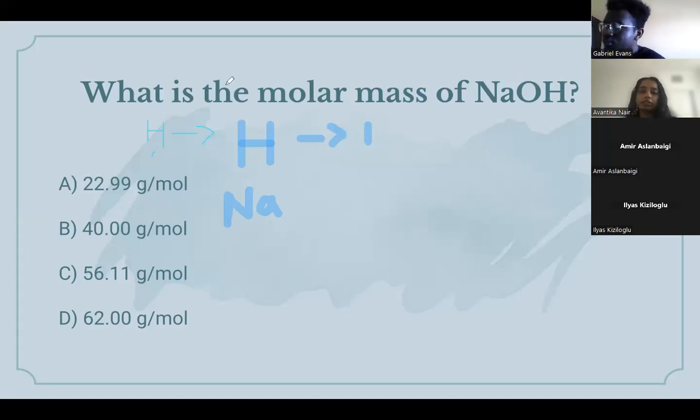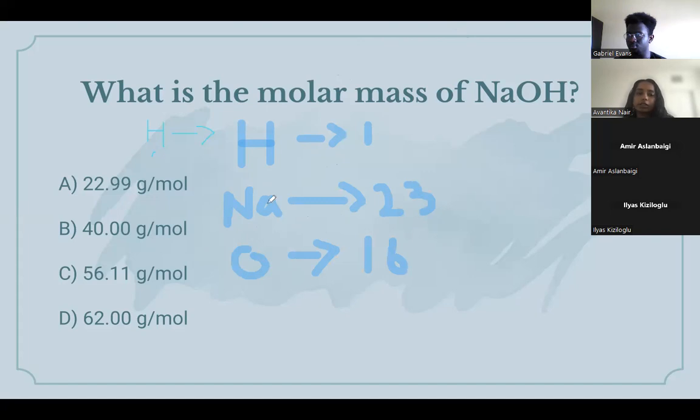Yeah, that's really good. That's exactly right. So we know hydrogen is 1, right? And then sodium is, I think you said 23. Yeah, about 23. And then oxygen is 16. So if you just add all of this up, you should get 40. I think if you use the exact numbers, it'll be like 39 point something, but I just wanted to round it off. But yeah, does that make sense?